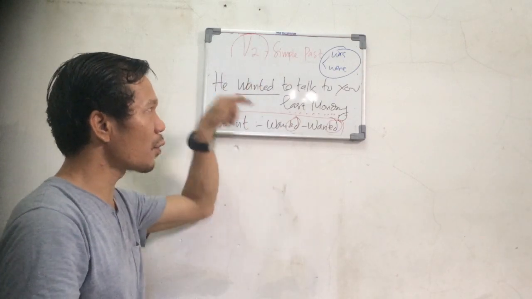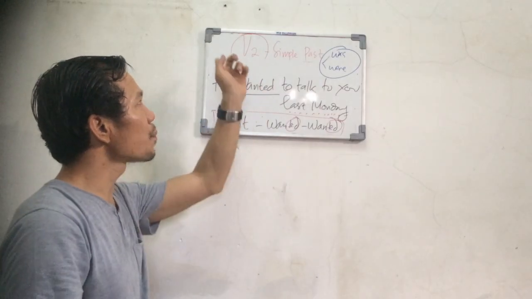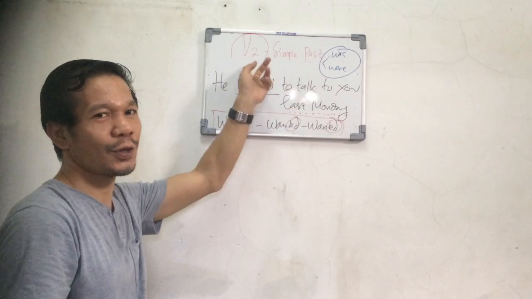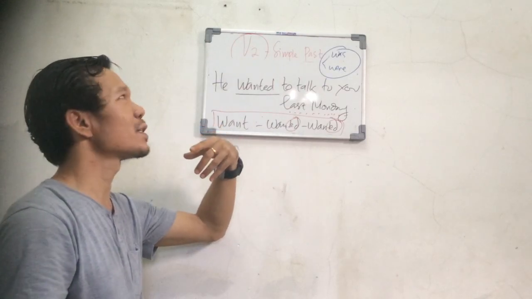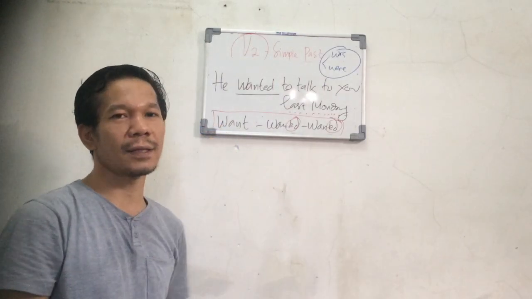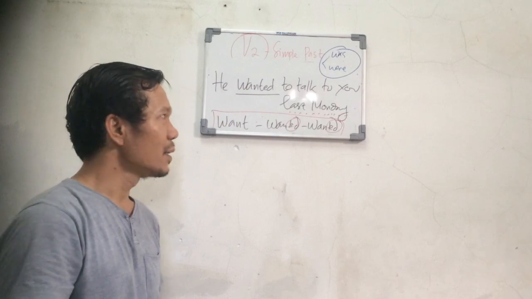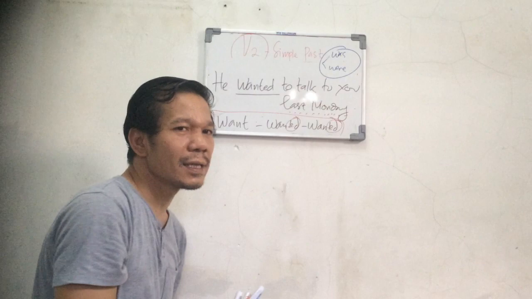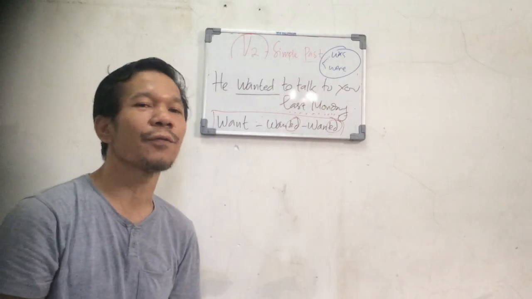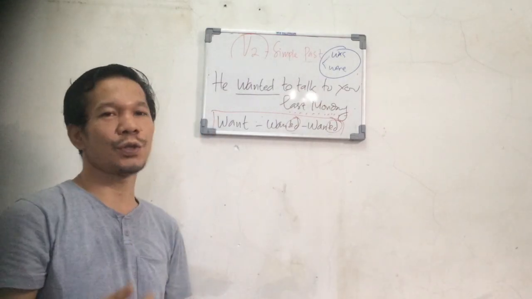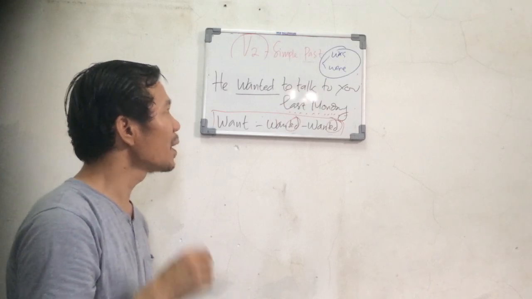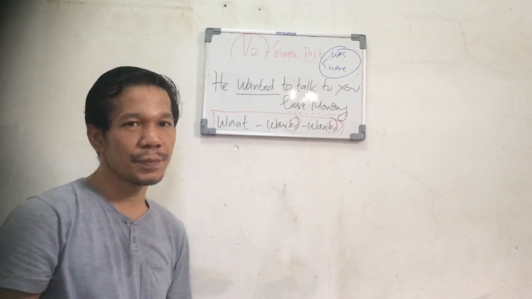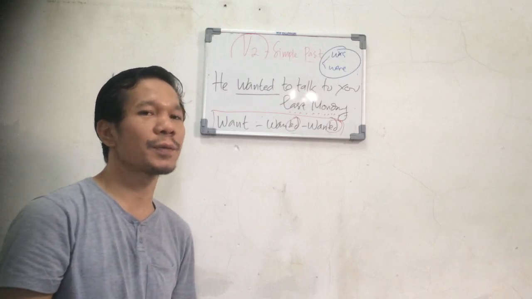In today's topic, we discuss simple past using verb 2, so this is called a verbal sentence. At the end of this video, I will give you 5 questions to fill the blanks with the correct verb. So remember, use verb 2.